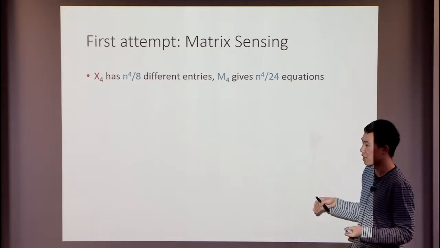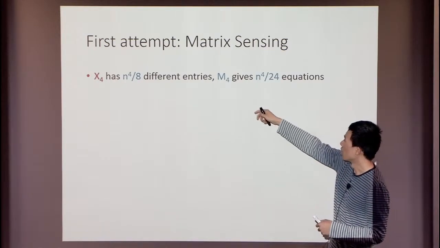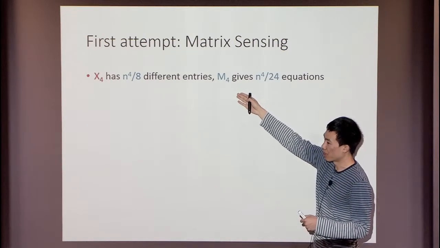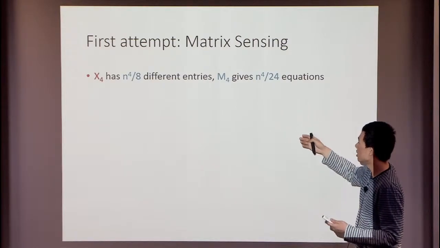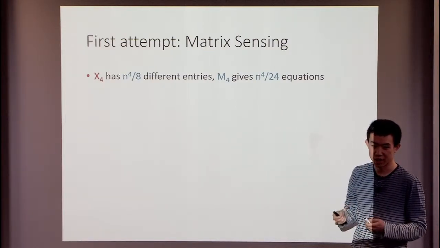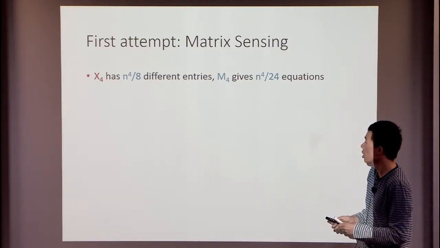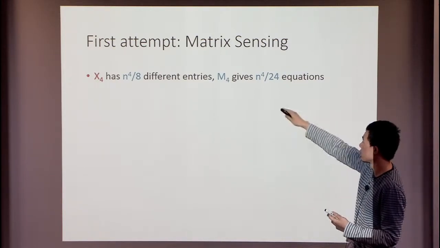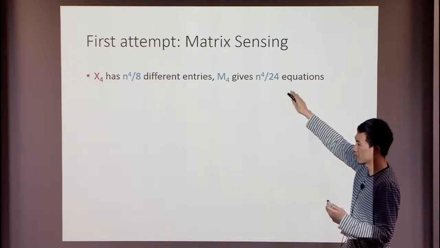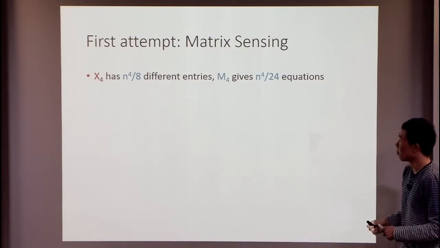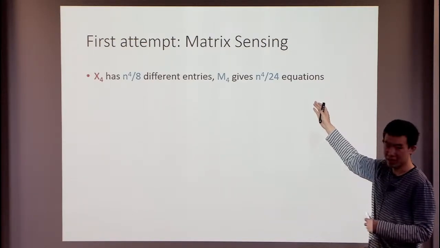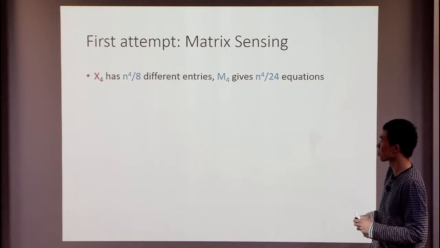We can treat these as unknowns. By observing the folded moment M4, it gives you roughly n to the 4 over 24 linear equations. So this is really n plus 3 choose 4, but it's roughly that. Obviously we don't have enough equations.